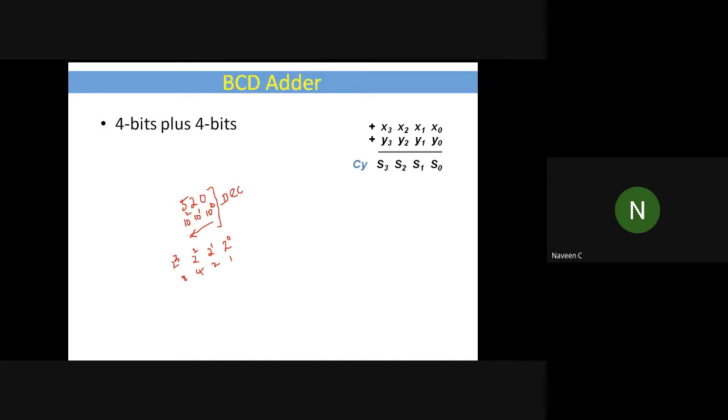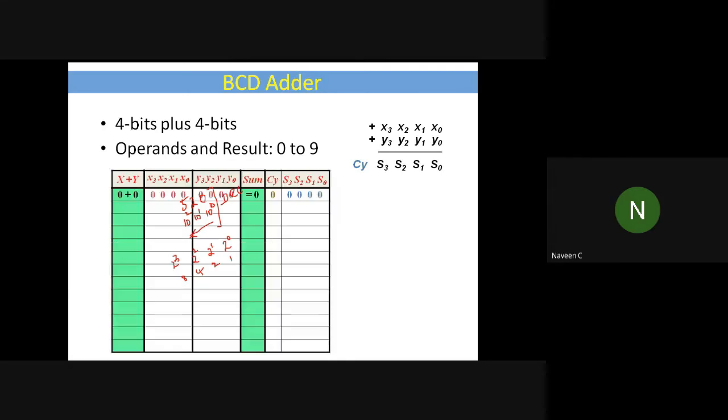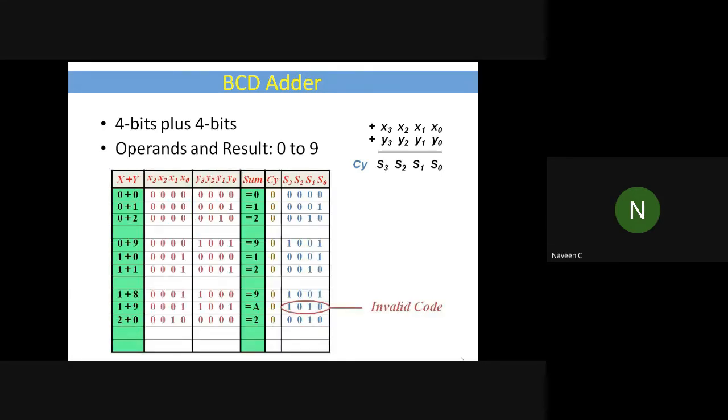If you see the truth table for general binary numbers, you are adding 0 plus 0. If you add 0 plus 0, the sum will be 0, the carry will be 0, the output will be 0 0 0 0.